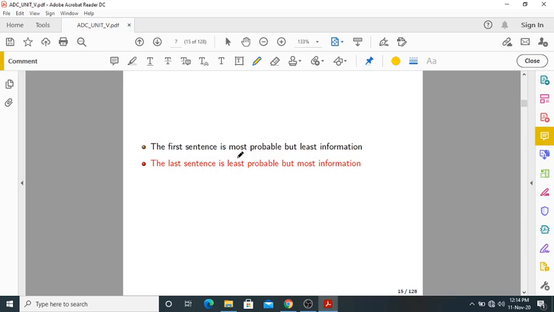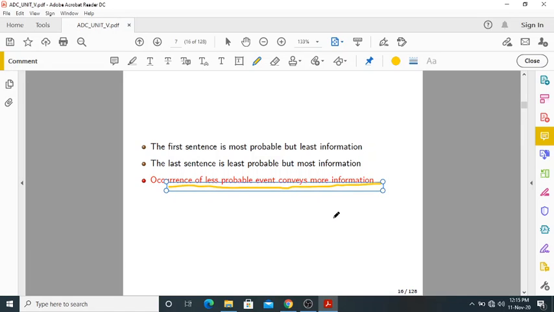So the first sentence is most probable and you get the least information. The last sentence is least probable, it gives more information. So the occurrence of a less probable event conveys more information. That is very, very important.